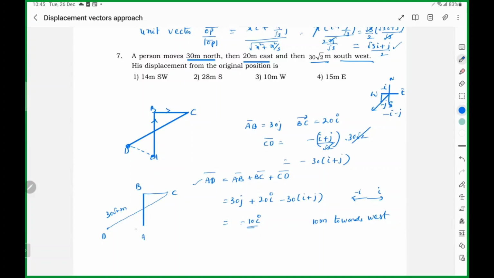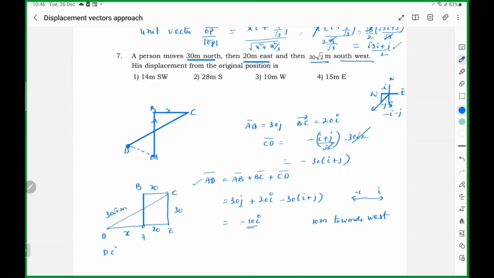So here it is 20, it is 20. So this is the final displacement. And towards north, he moved 30.